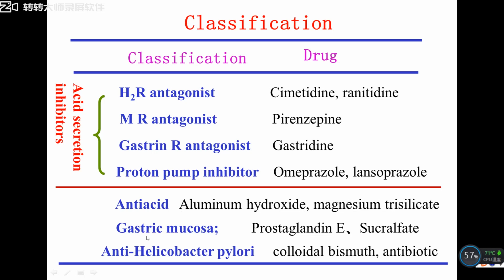The third one is gastric mucosa protectors, for example, prostaglandin E. The last kind inhibits or kills HP infection, such as some antibiotics, such as bismuth. So we divide anti-ulcer agents into these 4 kinds.